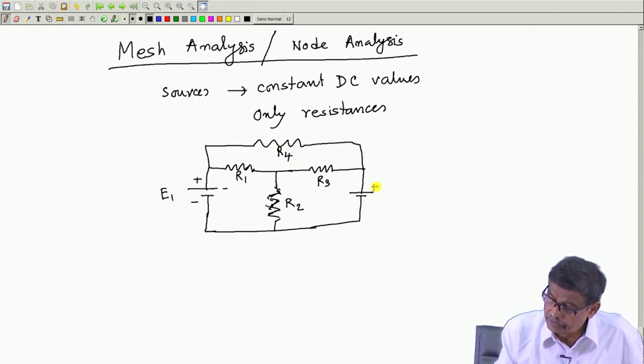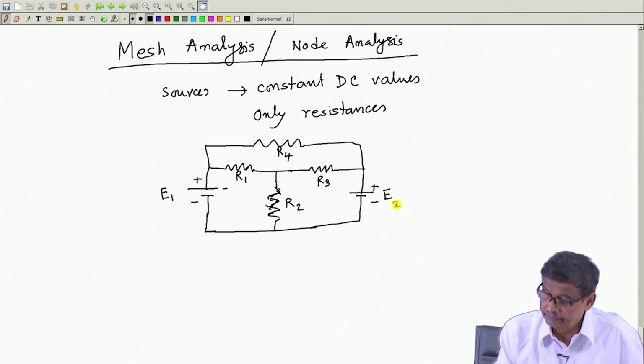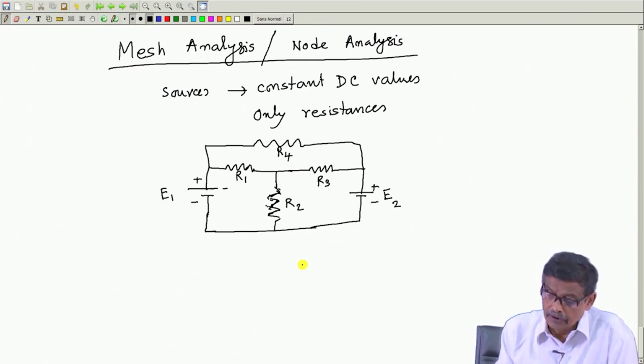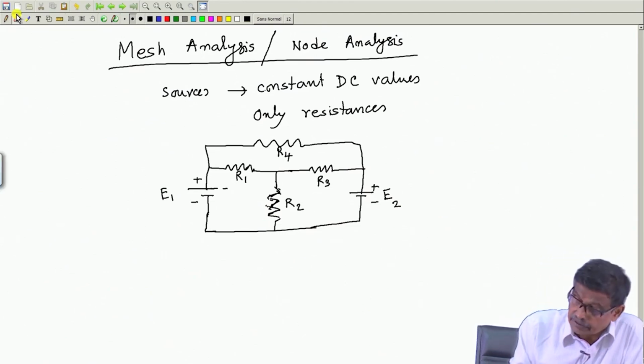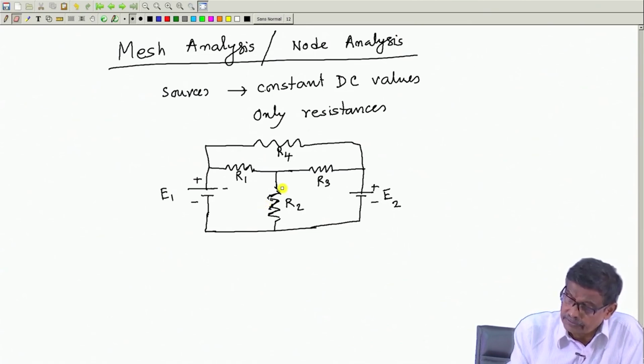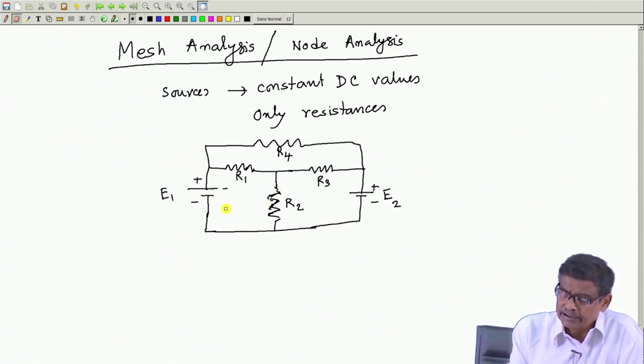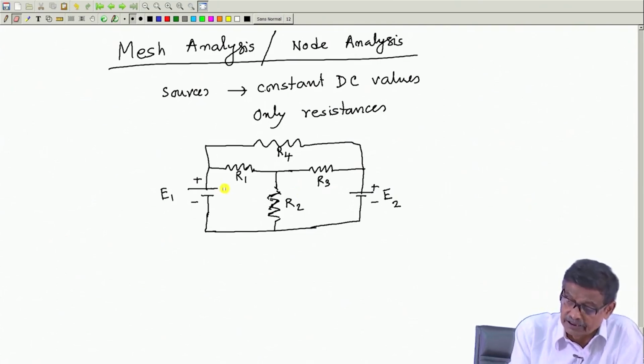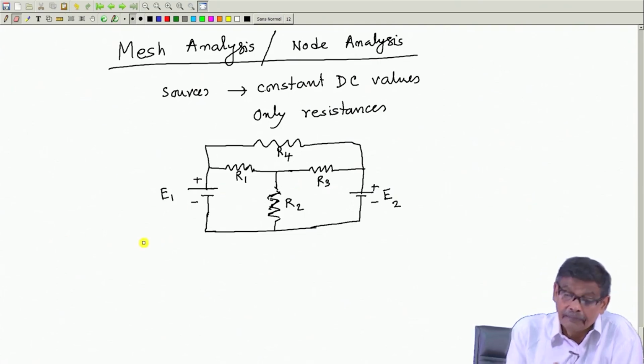And I want to find out currents in the various branches in this network. That is the thing. Now, to solve this network problem, as I told you, I can solve it by assuming this current, that current, applying KCL, KVL in various loops, but let us be methodical about how to do it.